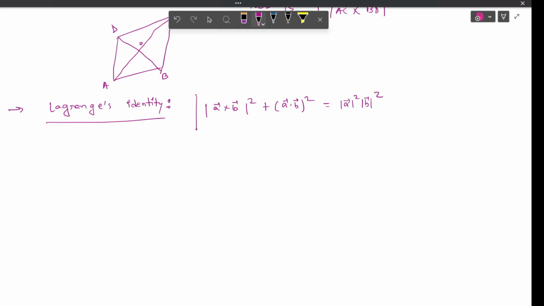This is what is Lagrange's identity. Okay, remember this. Modulus of A cross B square plus A dot B square should give modulus of A square into modulus of B square.